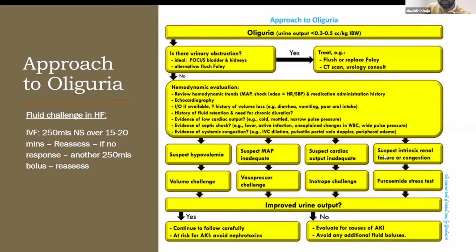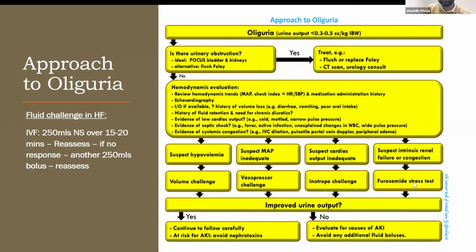And then the last one, if you're suspecting intrinsic renal failure or congestion, furosemide stress test. So this, I'm afraid, we do not routinely use in the emergency department. But I think in the ICUs as well, having worked in the ICU, there's still a bit, not a big fan of this stress test, I would say.